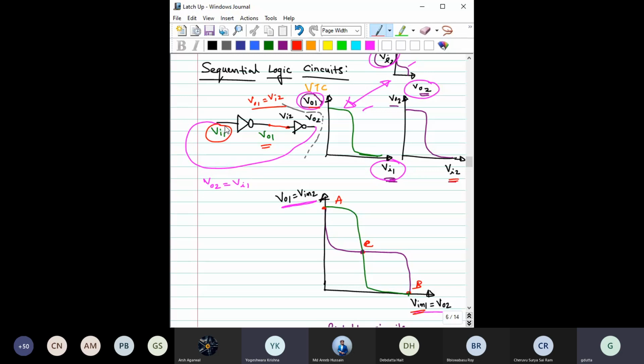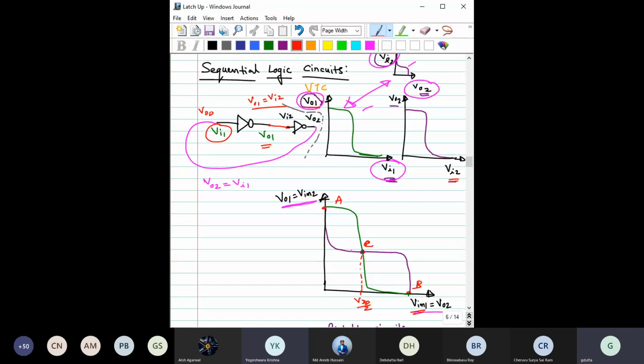So if by some means you set this value VIN exactly to this value, say this is VDD by 2, a symmetric inverter, so you give VDD by 2 here.